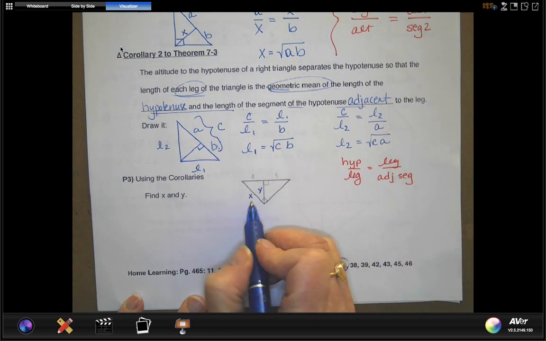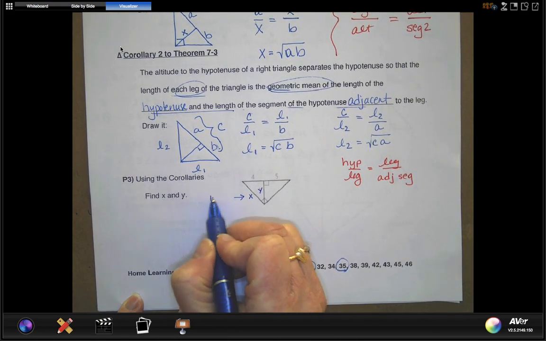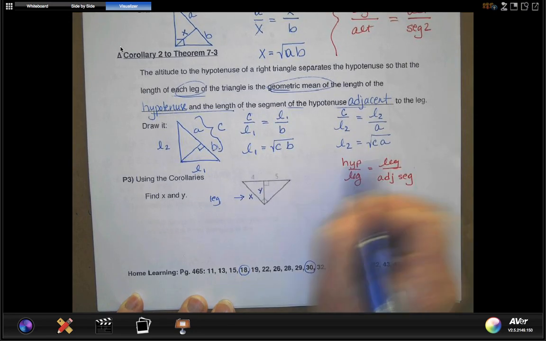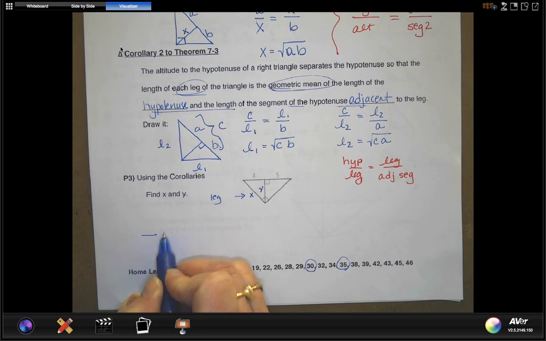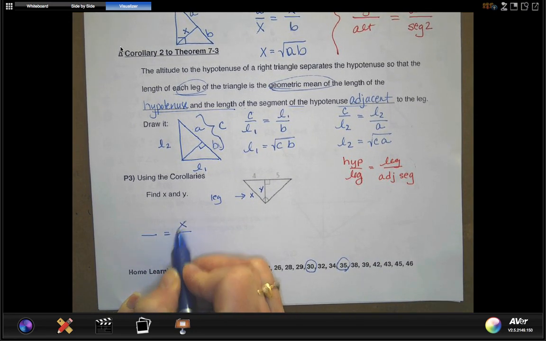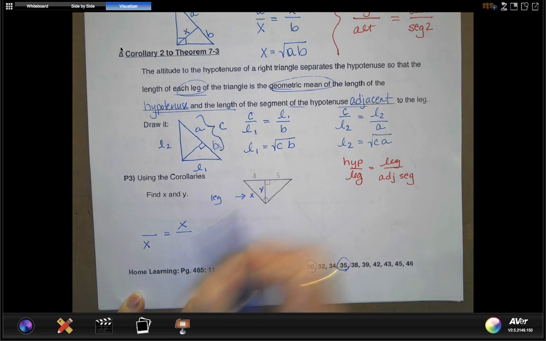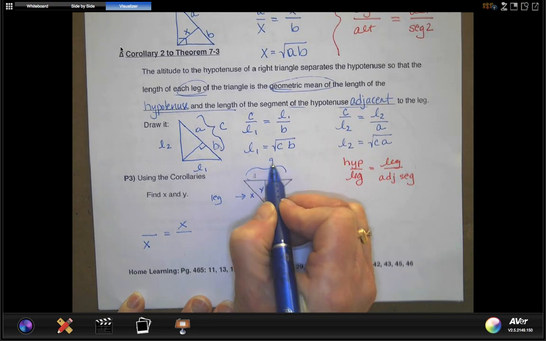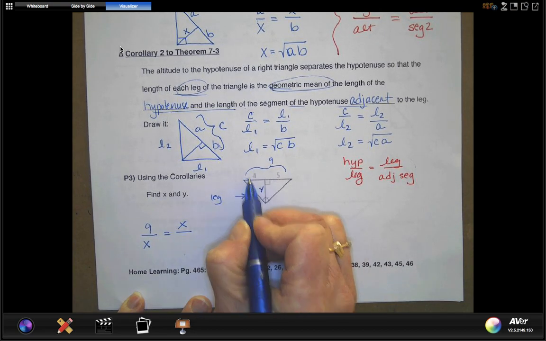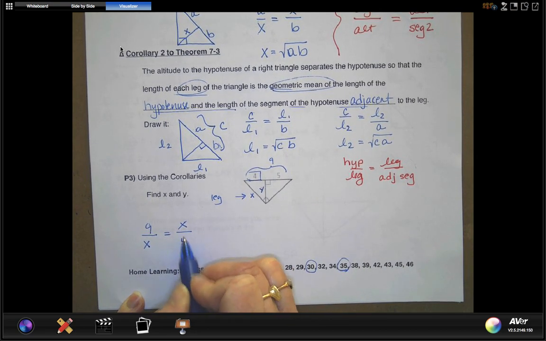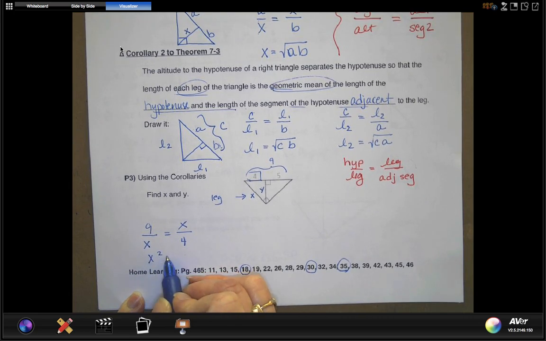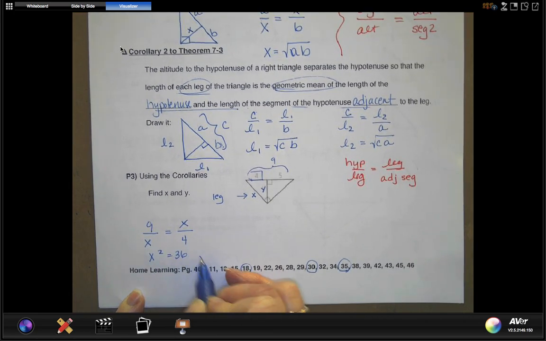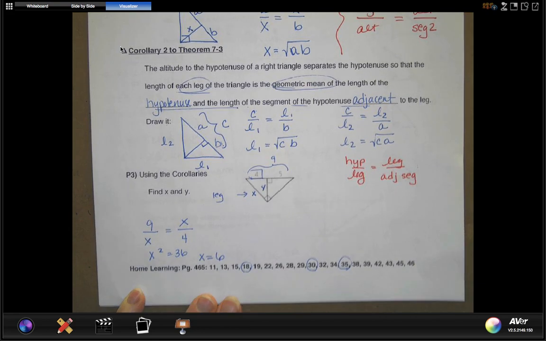Okay, so x is a leg. So I'm using this second formula here. So I'd have x, the whole hypotenuse is 9, and then the adjacent segment is 4. So x squared is equal to 36, which makes x equal to 6.